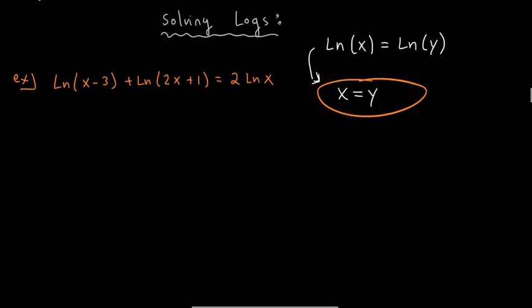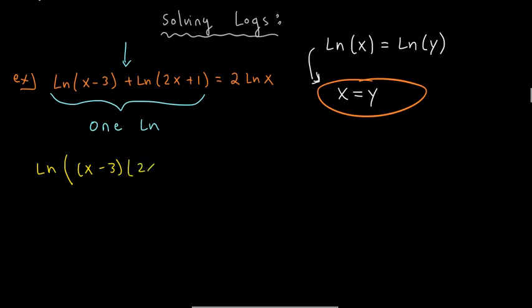So the first thing you want to do is use your skills to combine this into one logarithm. I want this to be one natural logarithm on that side. And since I'm doing addition, what does that mean, folks? Addition means multiply. So this would be written as the natural log of, if you can imagine my parentheses, x minus 3 times 2x plus 1.